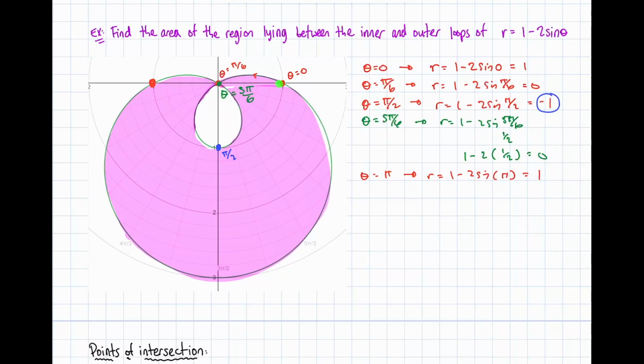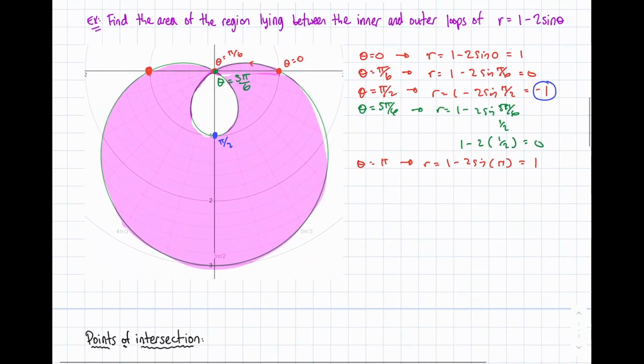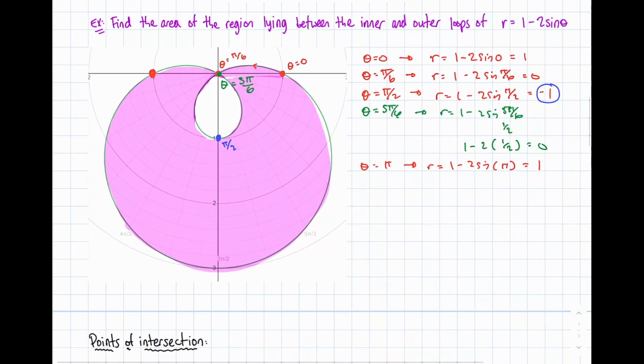I was just trying to figure out how far I have to go around to get back to my starting point. Is it going to be like in this one, where I go from 0 and swoop around, and by the time I hit pi, I'm back at the starting point? This one has a period of pi. This one, though, has a period of 2 pi, it seems. I go 0, pi over 6, pi over 2, 5 pi over 6, pi, and then I must sweep around 4 pi over 3, 3 pi over 2.